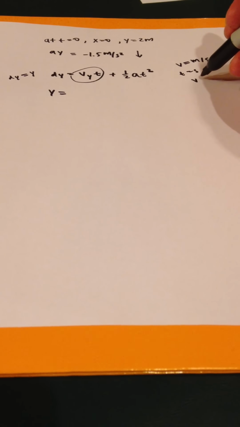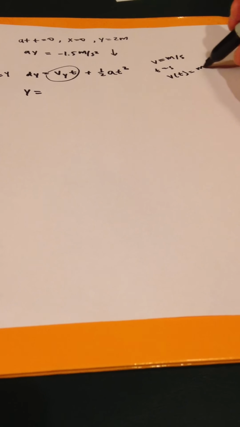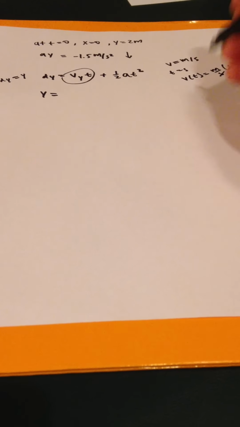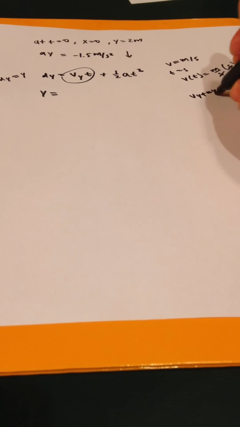So with this, we can say that dy is just y, and we have y equals v_y t. Velocity is in meters per second, and time is in seconds, so if we multiply v times t, that's meters per second times seconds, which cancels out to meters. So let's simplify v_y t to just y naught.